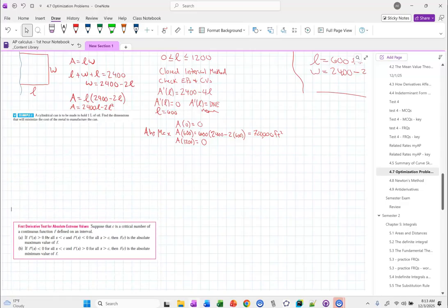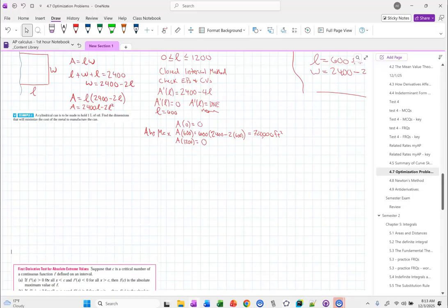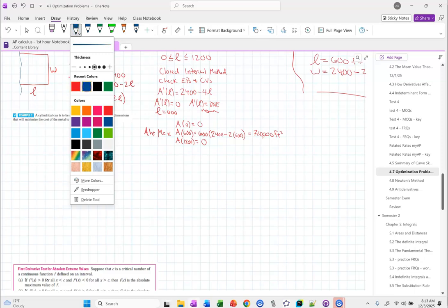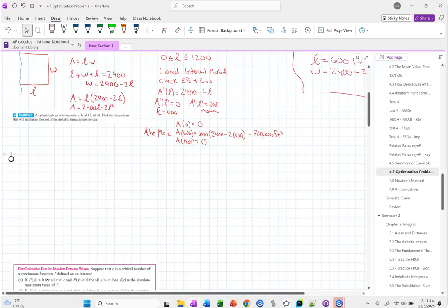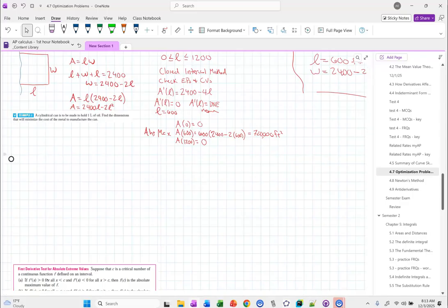Let's look at our next example. It says a cylindrical can is to be made to hold 1 liter of oil. Find the dimensions that will minimize the cost of the metal to manufacture the can.